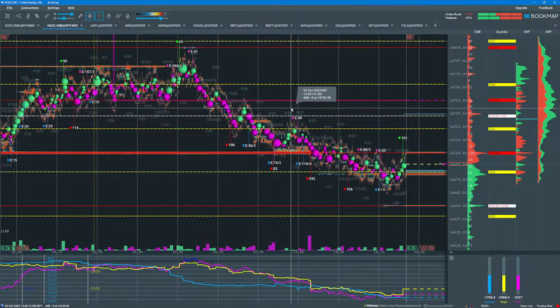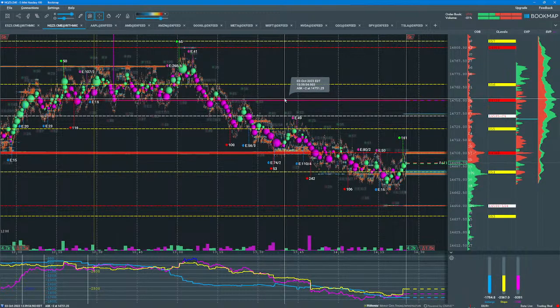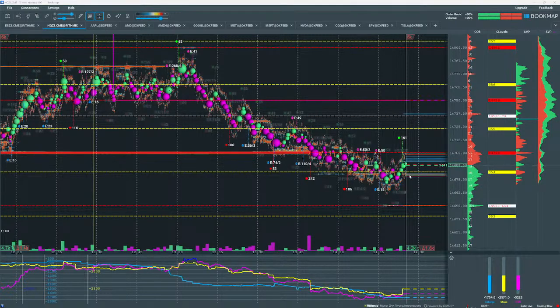So options traders are starting to take positive delta positions, and some aggressive buyers are coming in, shown by the green volume dots. Certainly not significant.